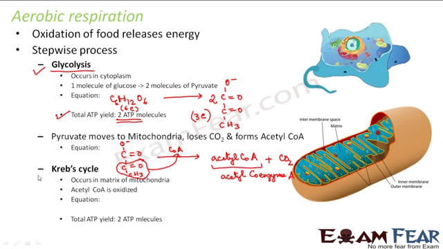Now the next step. This glycolysis was step 1. Krebs cycle is step 2. And this is an intermediate step between 1 and 2. The Krebs cycle occurs in the matrix of mitochondria. You remember what mitochondria is? The yellow colored structure which you see inside this cell, that is mitochondria. If you look at the structure of mitochondria in detail, you can see what the matrix is. Matrix is this blue colored thing.